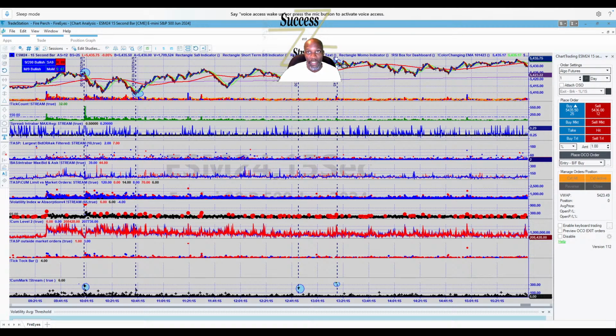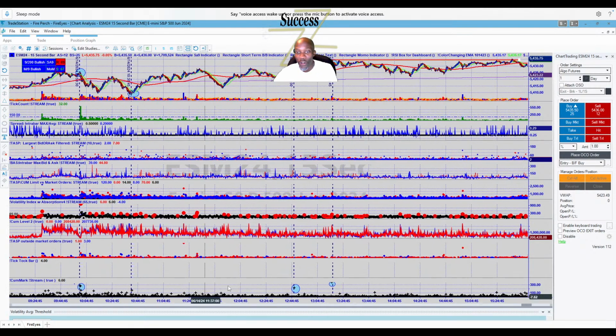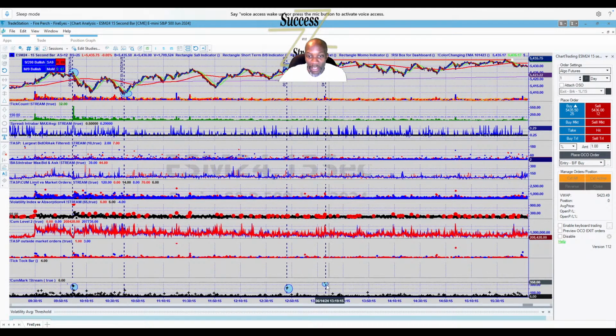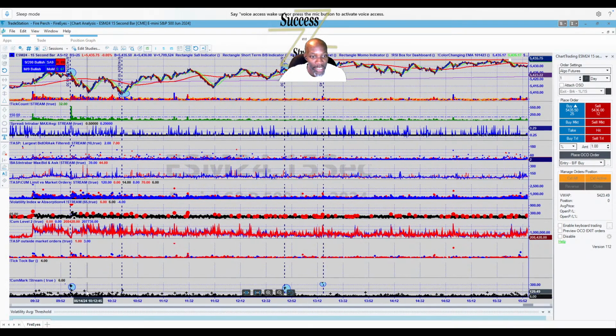But from here, as the chart moved down and then came back up, this was one of the topmost areas that it had trouble breaching. Maybe here, maybe not. One, two, three, four times. So these areas are significant. I don't think anybody can argue that.